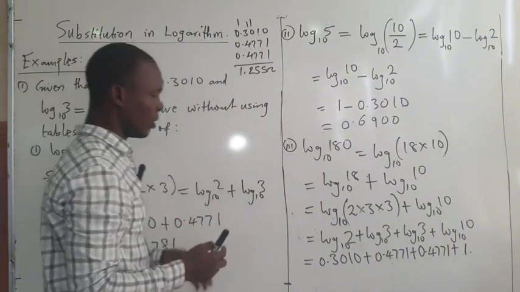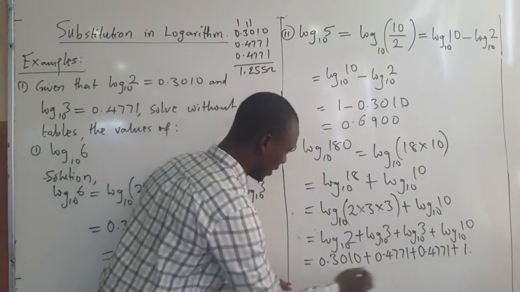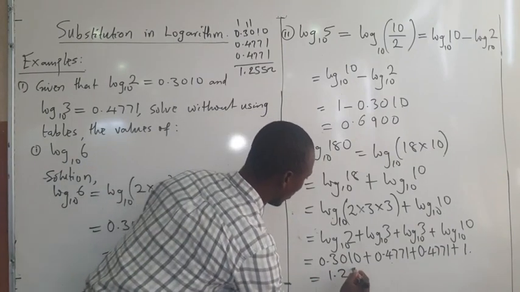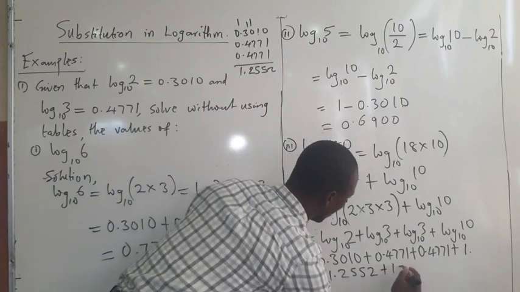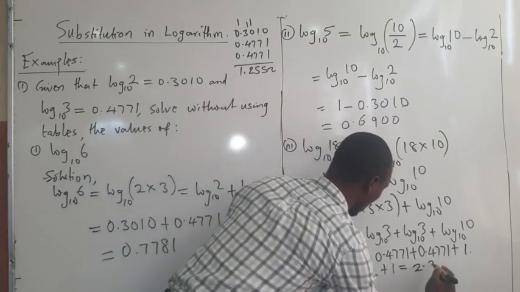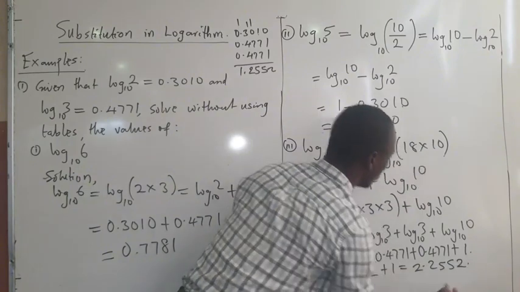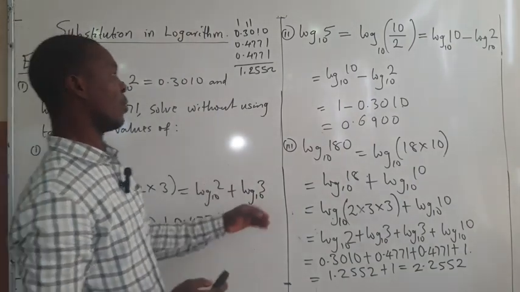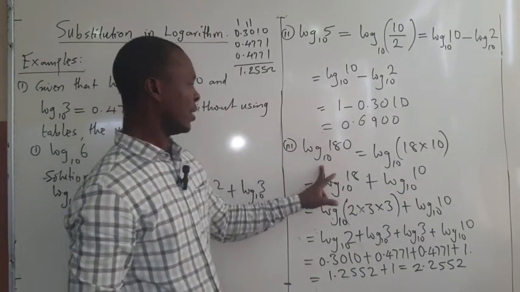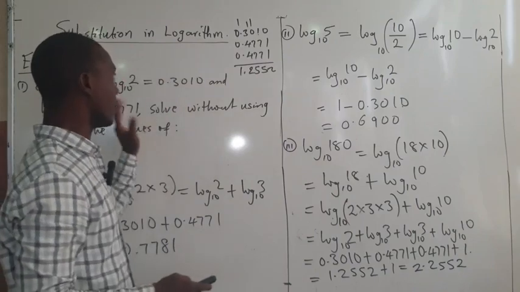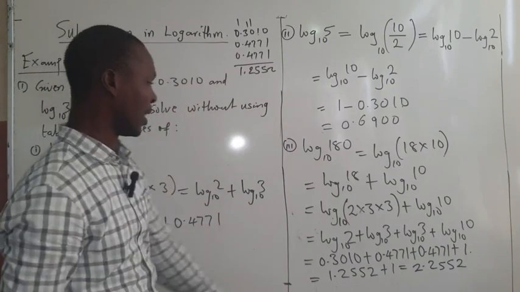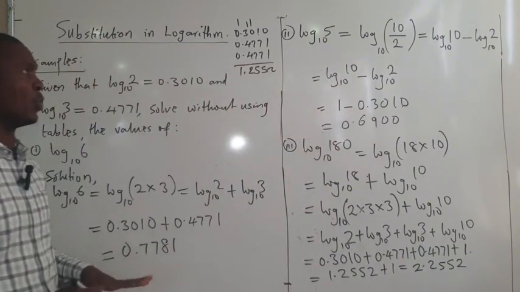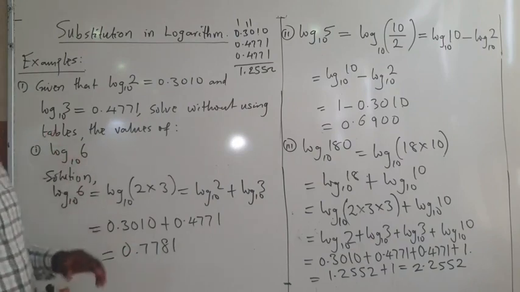Then 1 plus 0 plus 0, so we have 1 point, giving 1.2552, then plus 1, we have 2.2552. So this is the solution to question 1 Roman figure 3, which is log 180 base 10 in terms of log 2 base 10 and log 3 base 10.